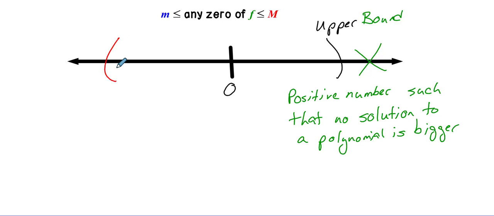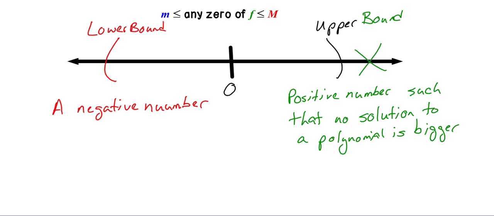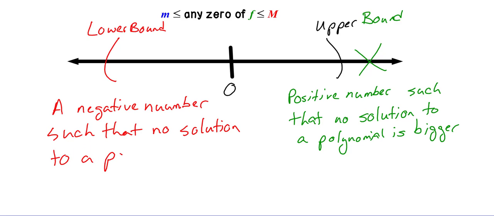The lower bound is basically the opposite. It's a negative number or zero such that no solution to a polynomial is smaller.